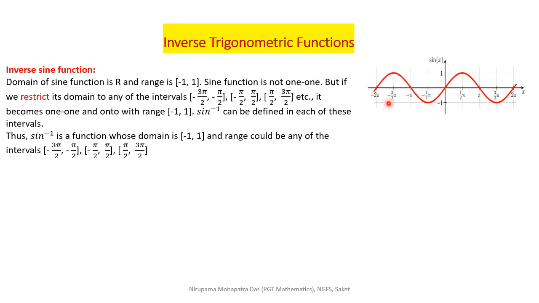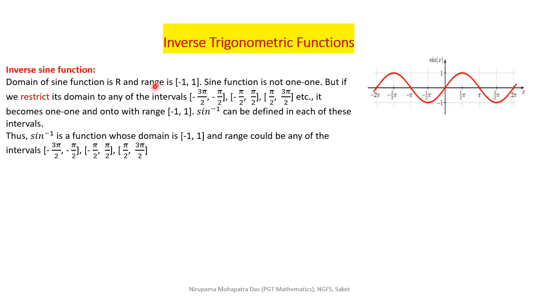Or you can take some examples, as I just told you: sine 0 is 0, sine pi is 0, sine 2 pi is 0, sine minus pi is 0. So for so many values of x, you have only one value of sine x. So sine x is basically a many-one function, meaning it is not 1-1.